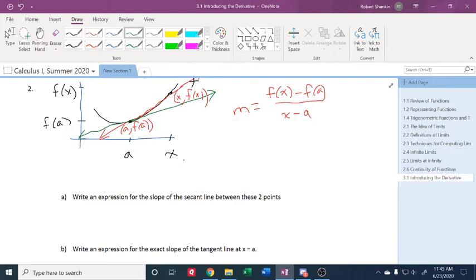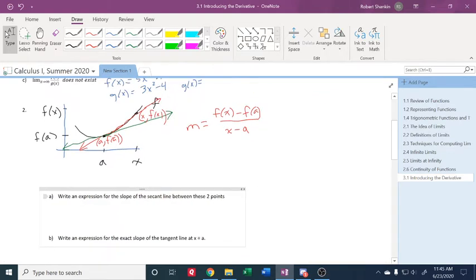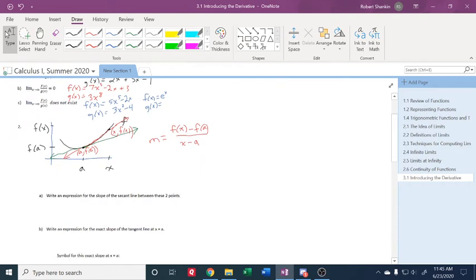All right. So what we're going to do, let me shrink this. We're going to get the same thing that we had over here, but we're going to do it with the limit. And we're going to take the x and bring it towards the a.